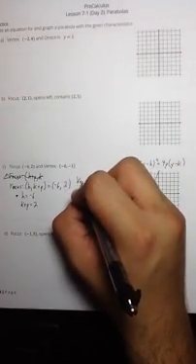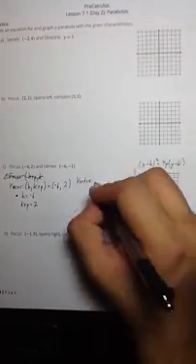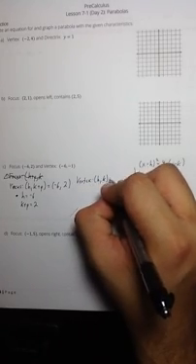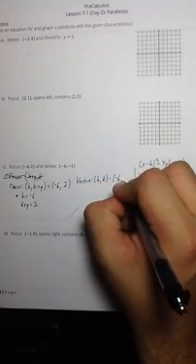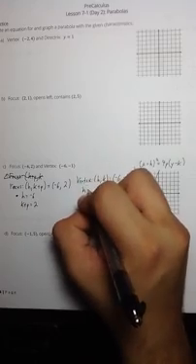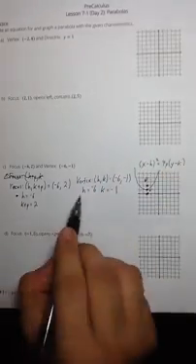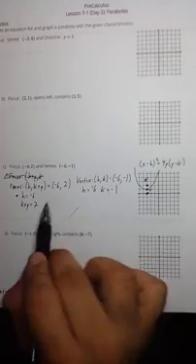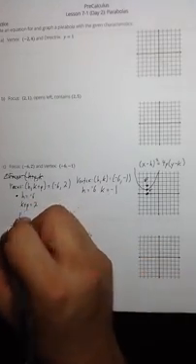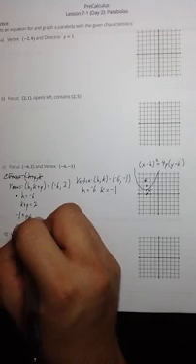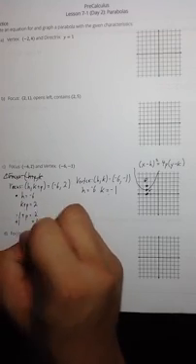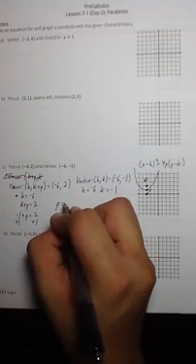For my vertex, remember, we can rejoice because the vertex is just h and k. So we've pretty much just been given what h and k are here. So we know that h is equal to -6 and that k is equal to -1. We can plug that k in here to solve for p, so we get -1 plus p is equal to 2. Add 1 to both sides, that gives us that p is equal to 3.